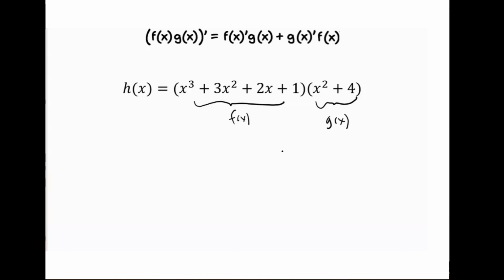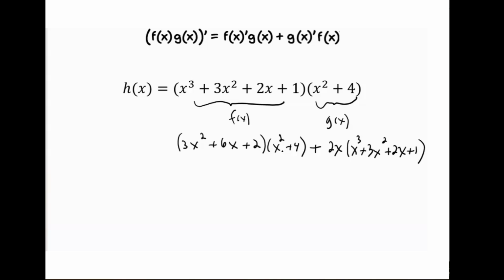So we have f prime, which would be 3x squared plus 6x plus 2, times g, which is x squared plus 4, plus g prime, and the derivative of g would be 2x, times f, which would be x cubed plus 3x squared plus 2x plus 1. And this would be h prime.